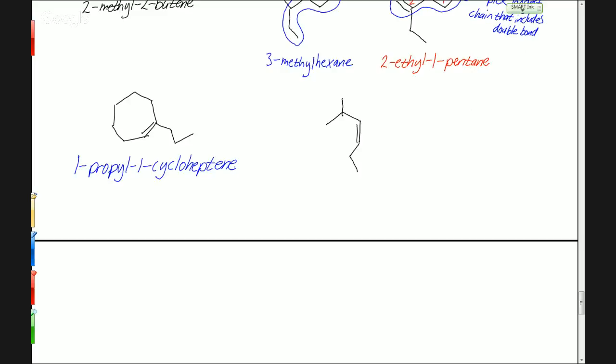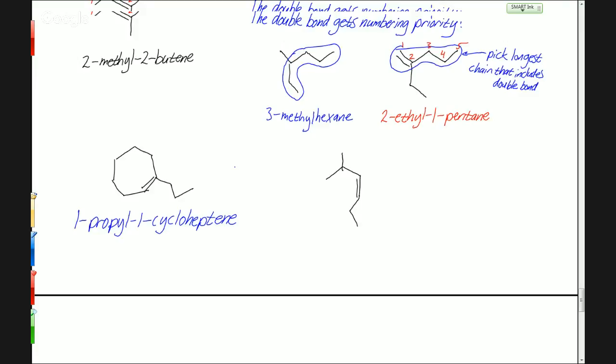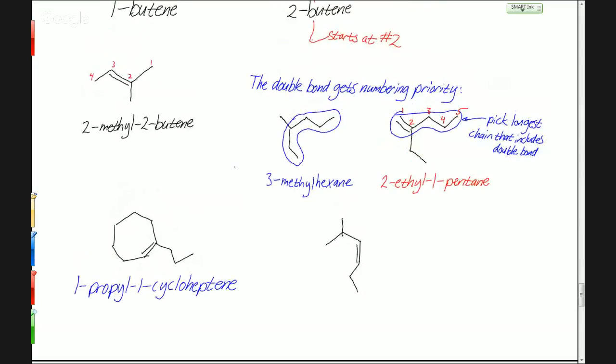Would you get something similar, different? Well, I actually have a question on the one above it, that 2-ethyl 1-pentane, do you mean pentene? Yes. Sorry. Hexane next to it is right. Right.